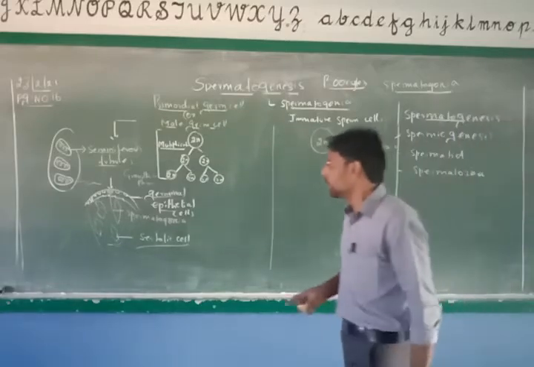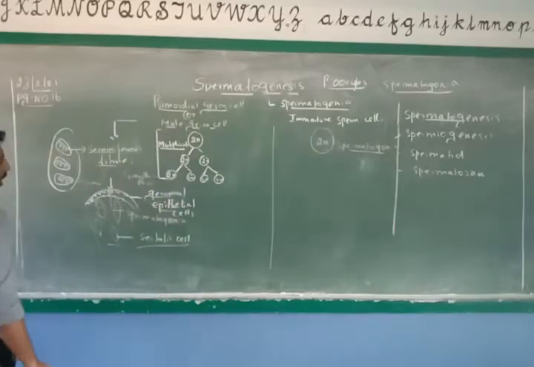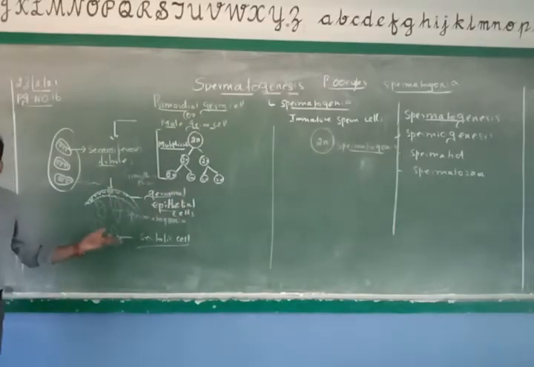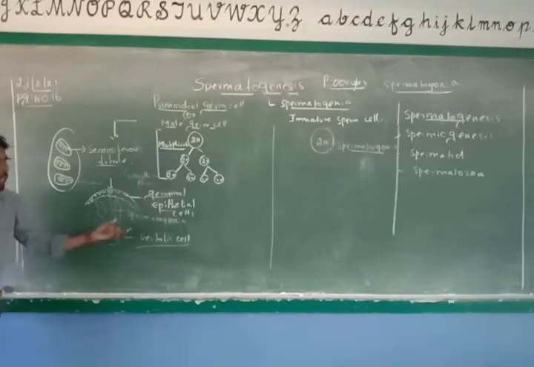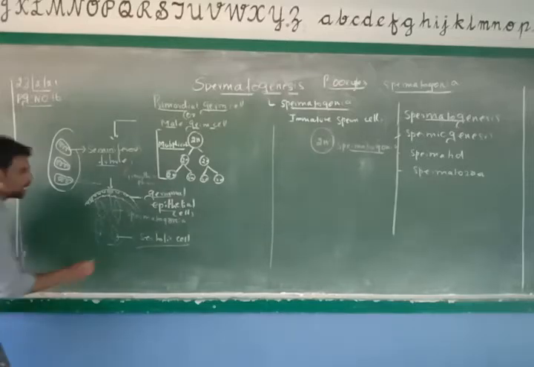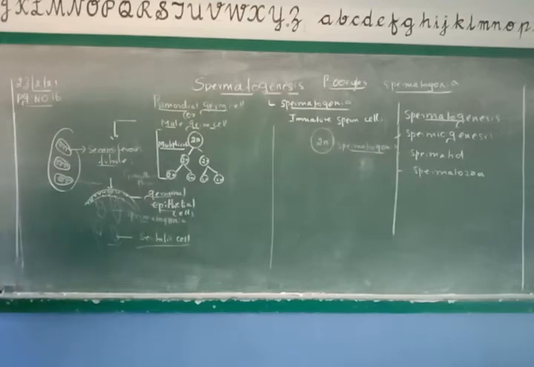Understand? Now, this spermatogonia, is it a mature or immature cell? Spermatogonia, immature cells. It has to get mature. So if it is getting mature, it has to undergo divisions. When it is undergoing division, it requires some nutrition. When it is moving from here to here, it will go among these.